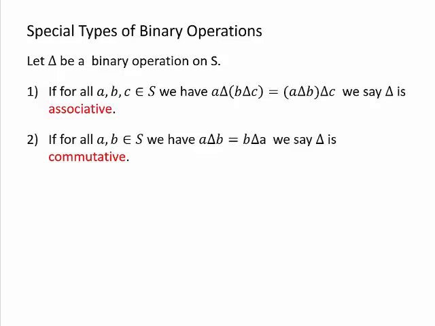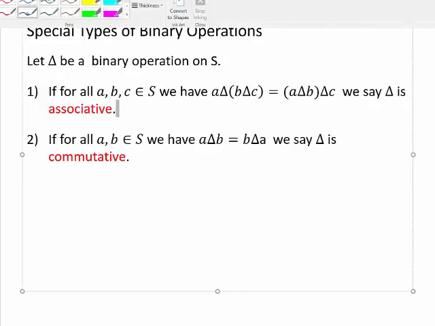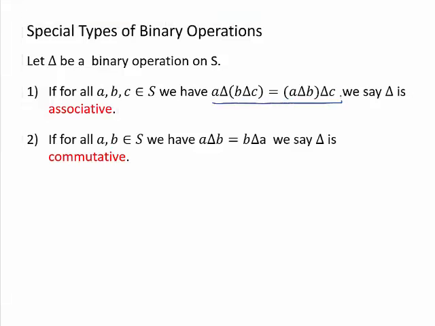If for all A, B, and C in S, we have this holding true, in other words, if you do B delta C first and then A, it's the same thing as A delta B first and then delta C, that means that the operation is associative. And if A delta B is equal to B delta A, we say that the operation is commutative.